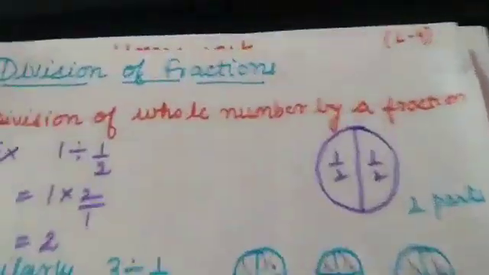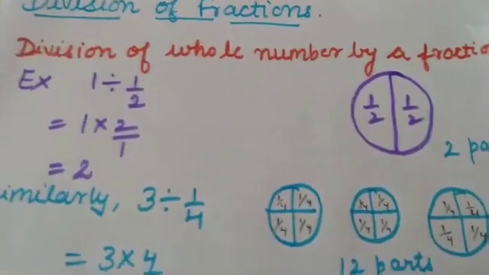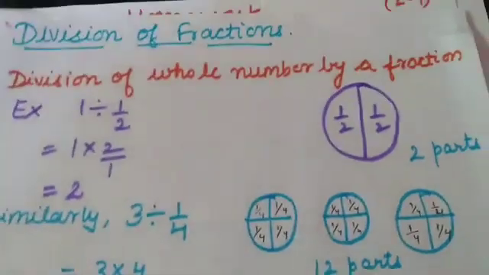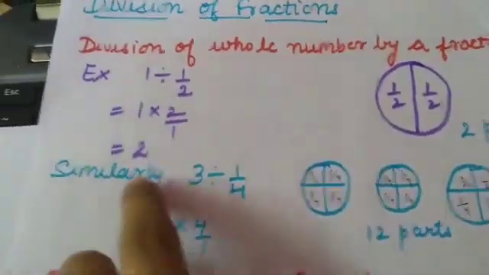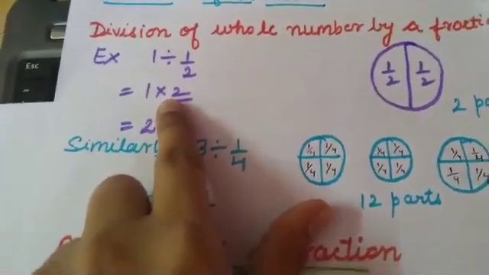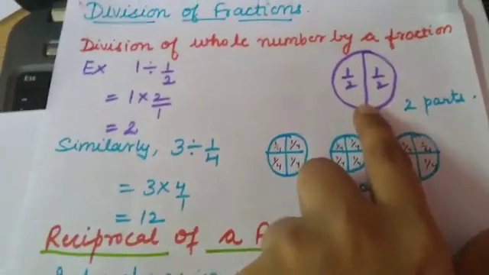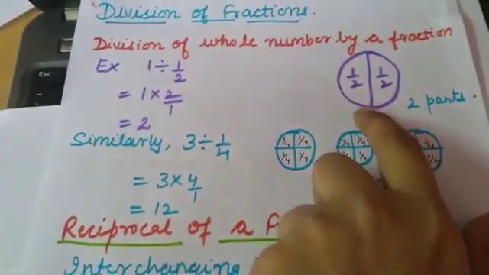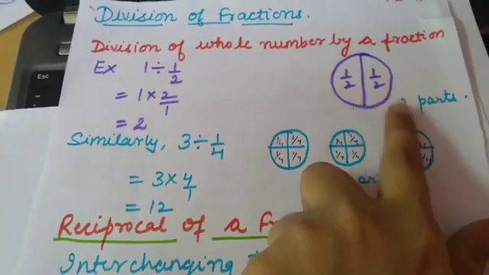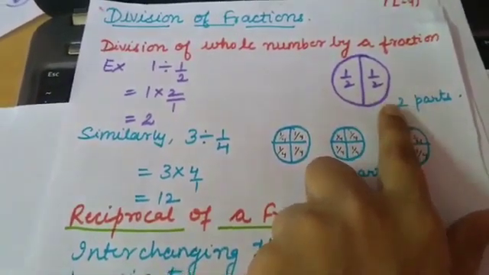First is how to divide a whole number by a fraction. Let us find 1 divided by 1 by 2. I am explaining this with an example. We divide a whole into a number of equal parts such that each part is half of the whole.